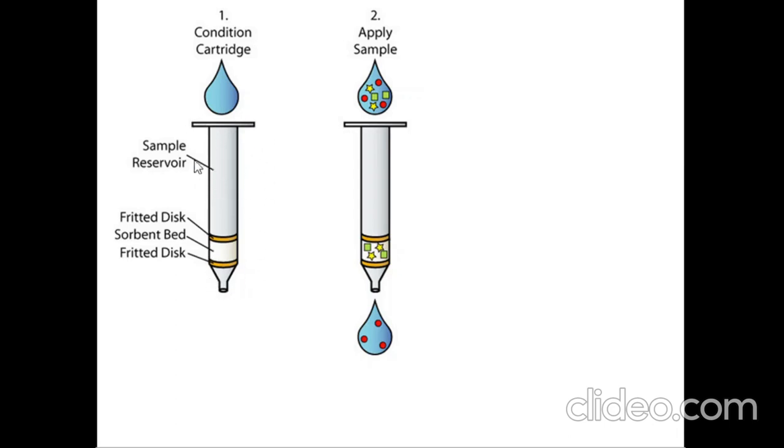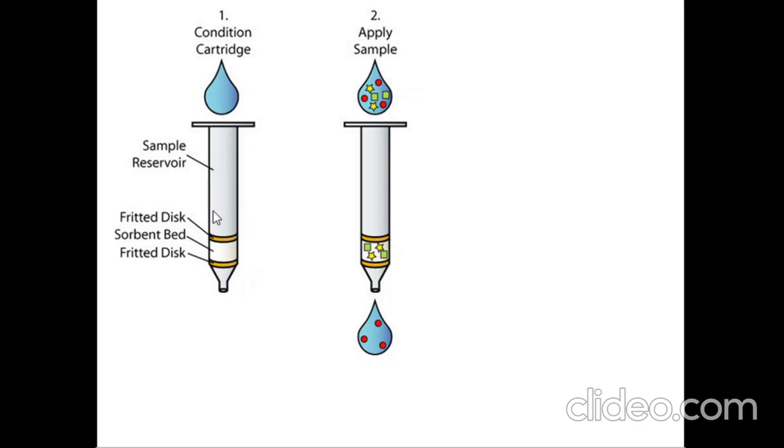Now this device, or the cartridge, in the solid phase extraction process is very similar to the clinical syringe cartridges which you see in the hospitals. So it is almost similar.